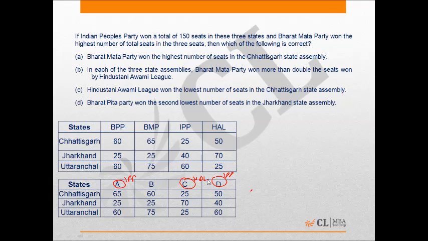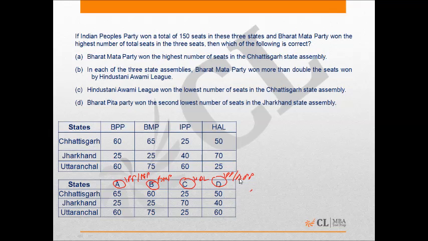So C has to be HAL. Also, what is being given in the question is that Bharat Mata Party won the highest number of total seats in the three states. We see that B has won 160 seats, which is the highest number of total seats in three states. So B has to be BMP, which means A is either IPP or BPP, and D is either IPP or BPP.